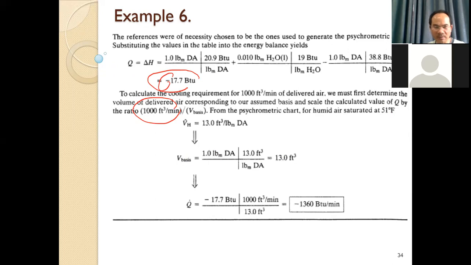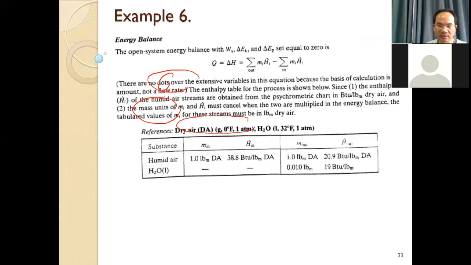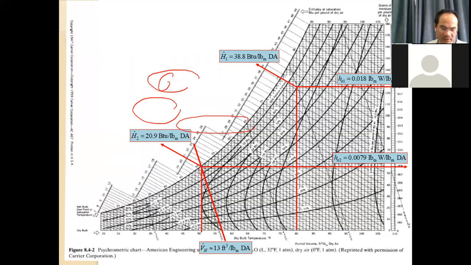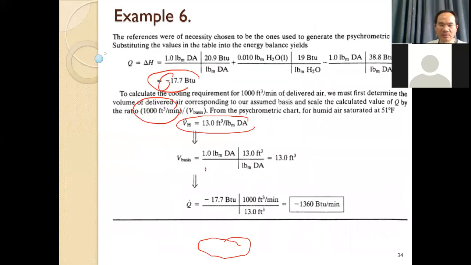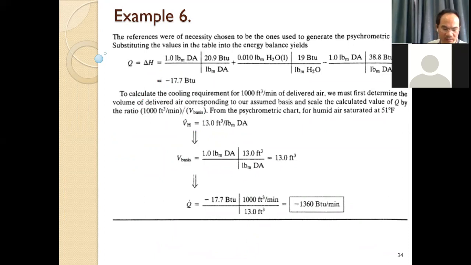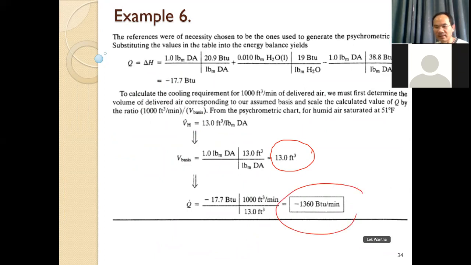You also know the humid volume from the humid air outlet, approximately 13. You multiply the mass of dry air by the humid volume to get the volume of humid air, then multiply Q by the volumetric flow rate and divide by the volume, and you get the heat rate.